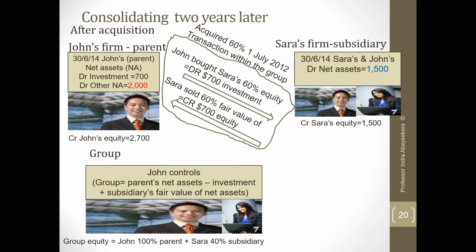So what we have is that John in the group has 100% equity in the parent and the subsidiary's 40% of equity in Sarah, and the remaining 60% of equity that John acquired in the subsidiary is now substituted by 60% worth of net assets in the subsidiary in the group.